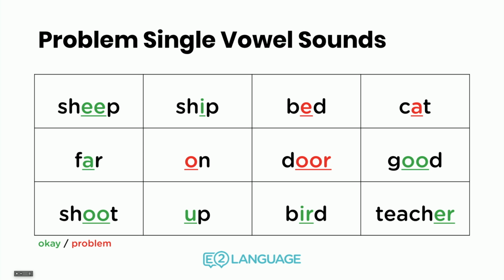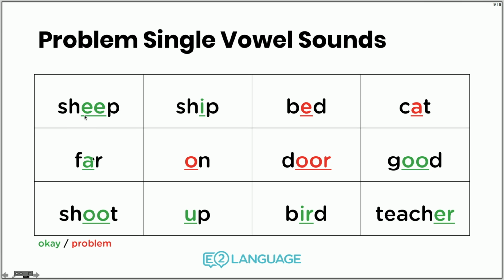All right, these are all the single vowel sounds in English. These ones in green, you have no problems pronouncing. For example, E as in sheep, or I as in ship, or R as in far, or U as in good, or U as in shoot, or A as in up, or as in bird, or A as in teacher.